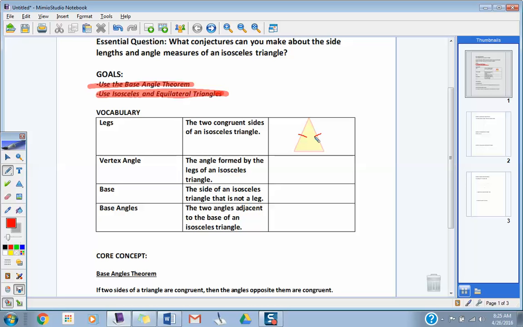So if I draw my isosceles triangle again, just like so, and give me some room here. Again, if these are my two congruent sides on the left and the right, then the vertex angle is this angle right up here. That angle, that's the vertex angle.